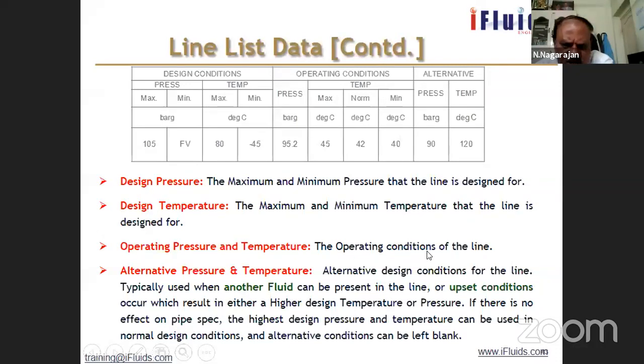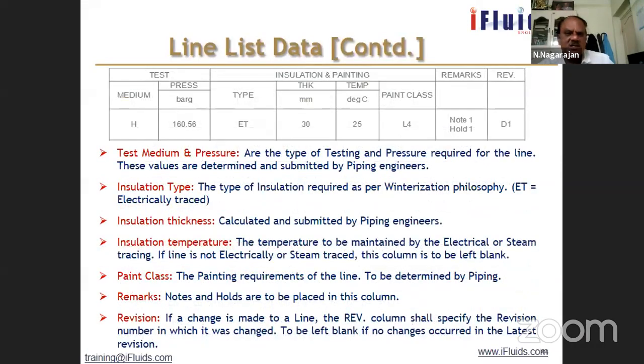Operating pressure temperatures you know very well. Alternate is when there is a different type of cases, operating cases, or you use a different fluid in the plant, or when there is some upset happening in the plant, upset conditions, there may be a different kind of conditions, pressure and temperature. That is alternative. It may not be there in all the cases. So these are all some specific cases.